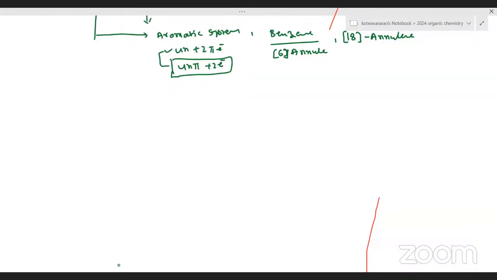The change in that value of the aromatic compound and its corresponding anti-aromatic or non-aromatic system, the difference is called resonance energy.